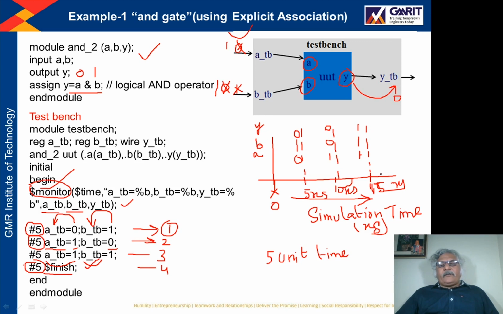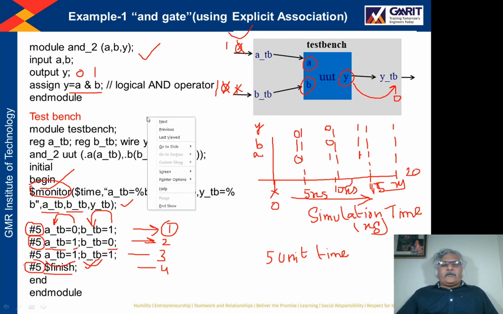The third statement was executed at 15 microsecond, so at 20 microsecond, $finish will execute and it will stop the simulation. So in this way, this test bench will run.